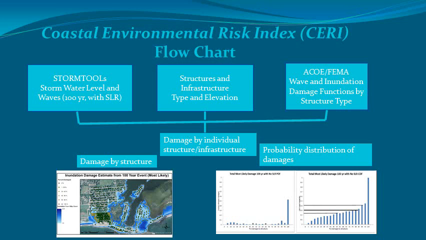And we've got the wave analysis and surge analysis and the damage function bit at least, that will go into this, so that we can actually now start to go structure by structure, piece of infrastructure by infrastructure, and estimate the damage from any storm or sea level rise scenario and storm.